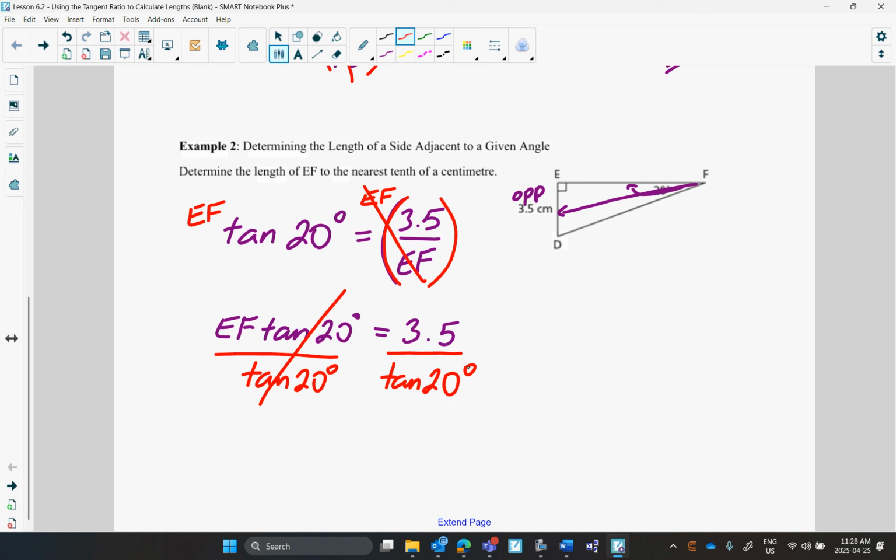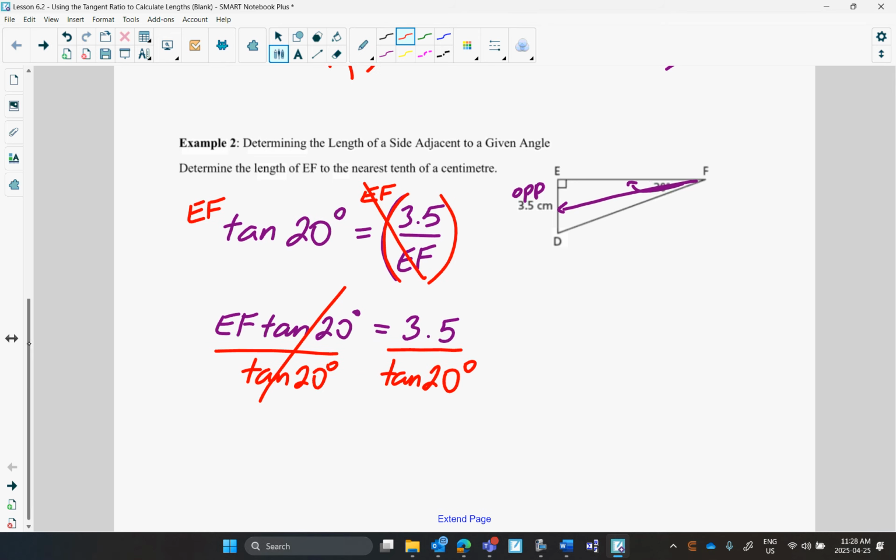And now I'm ready to use my calculator, except this time I've got to do a division. 3.5 divided by tan 20 and round it to one decimal place again. 9.6. Can I have a second person confirm that? Good. Excellent.